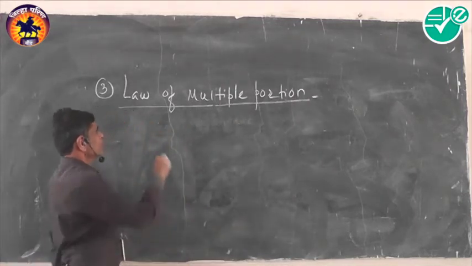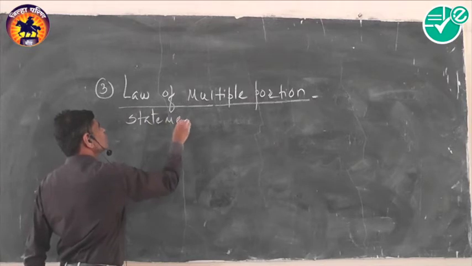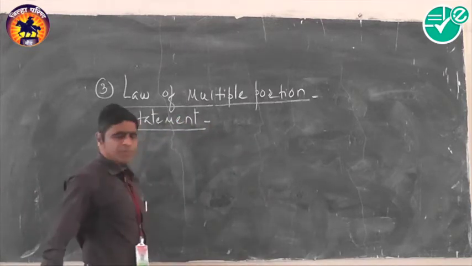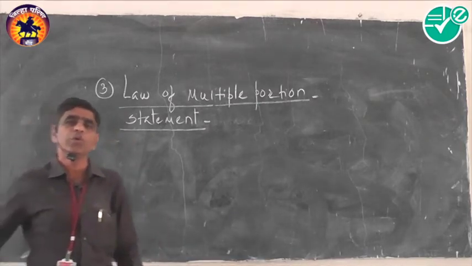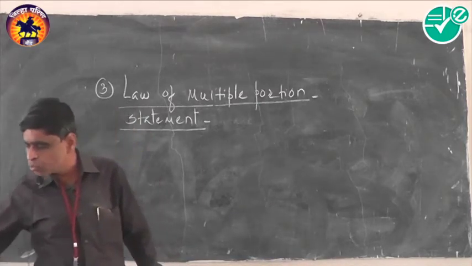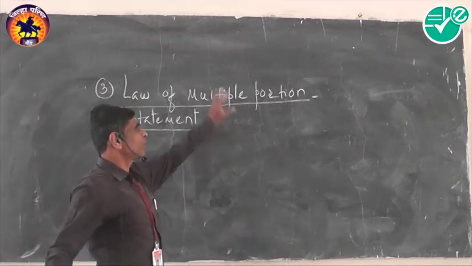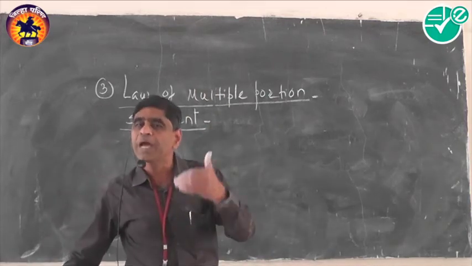Now, what is the statement of law of multiple proportion? Remember, it is applicable when two elements combine chemically to form more than one compound. So it is applicable for the condition when two elements combine to form more than one compound.